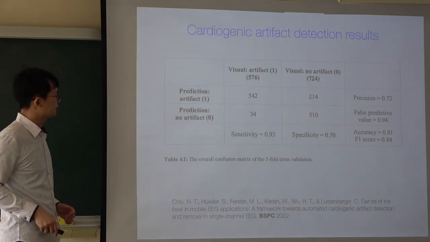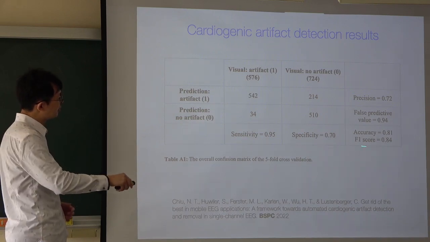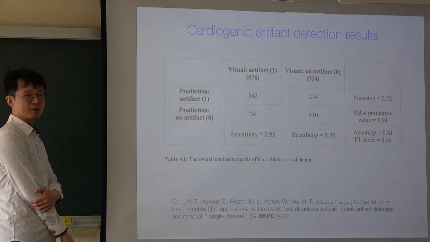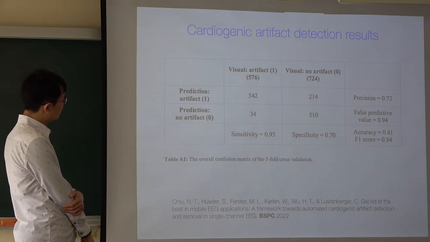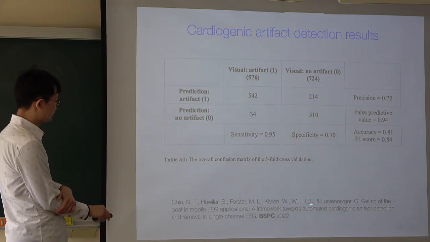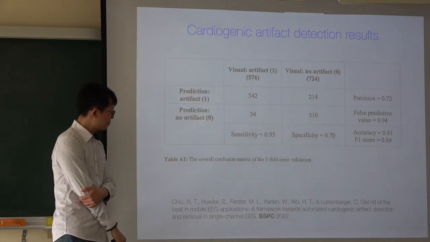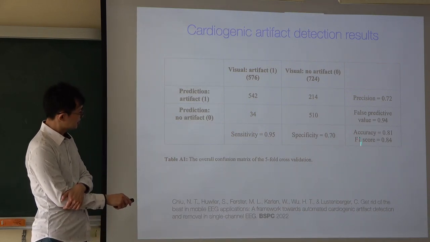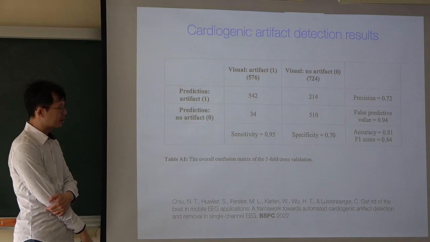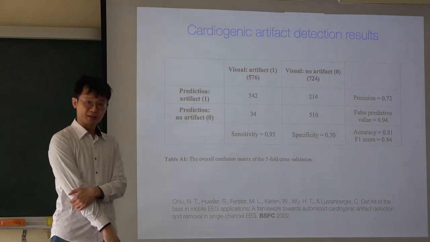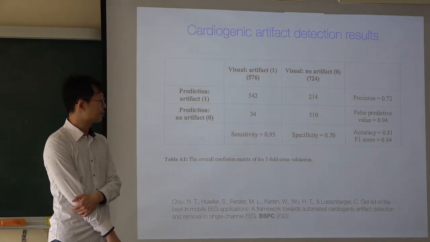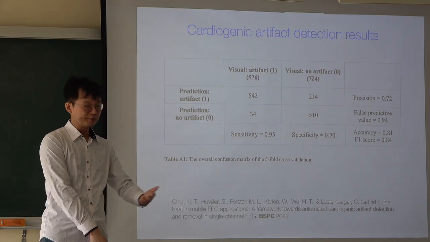And this is the result. The overall accuracy and F1 score are reasonably high, and to our knowledge, our work published 2 years ago was the first effort in this direction, and the result I think is quite reasonable, and we can use it to detect cardiogenic artifact and even remove it.